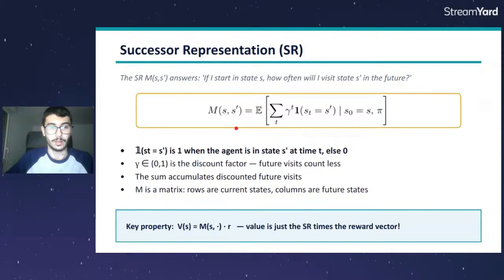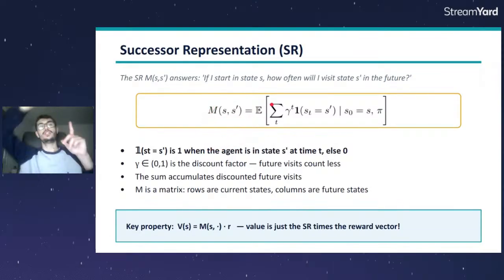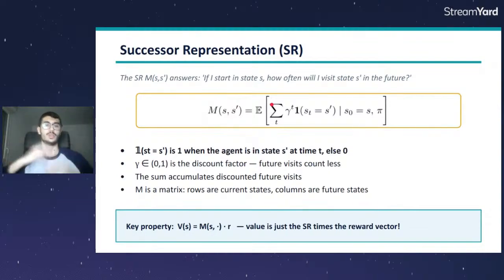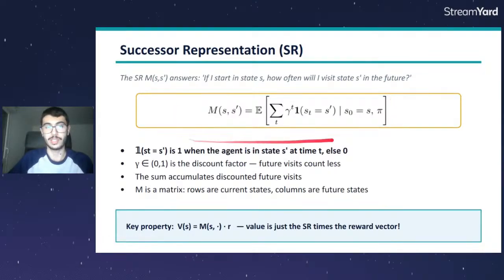And so this is going to be a matrix. For each S and for each S prime, you are going to have a certain value, and it represents a visitation matrix by the end. What's very interesting about this is that once we train the successor representation, we can directly infer the value function of certain states by just doing a dot product.